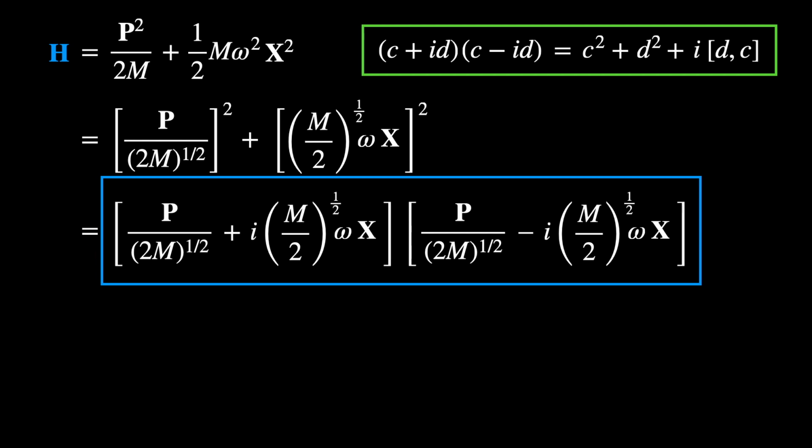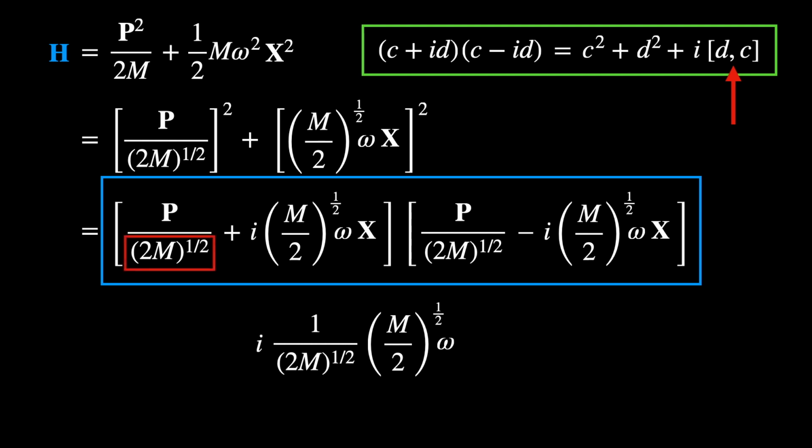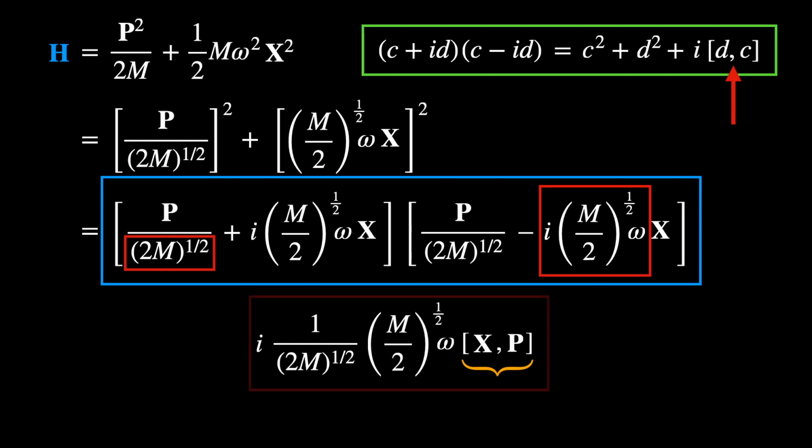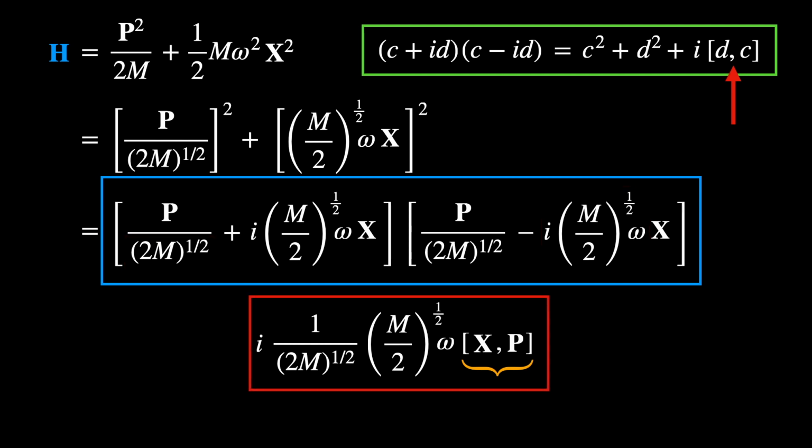Let's work out the commutator term for the blue box. It would be convenient to write the constant prefactor up front. These are terms in the red boxes associated with the cross terms of the product. This is because only x and p have a non-zero commutator. So we must subtract away this commutator term in the red box to make the last equality true.